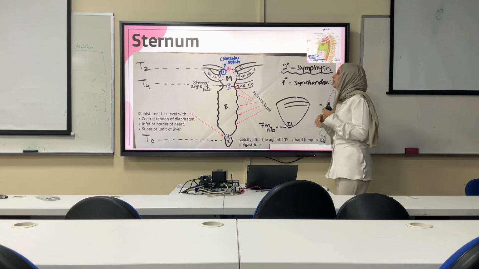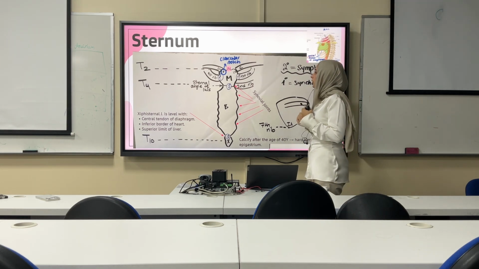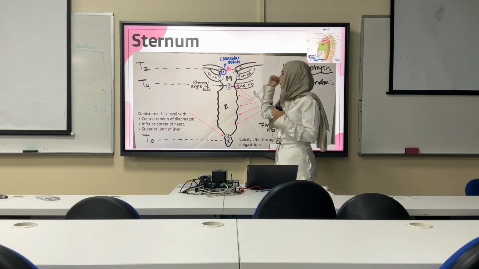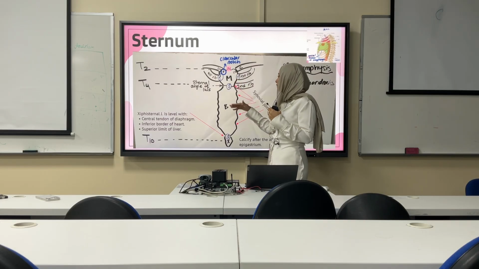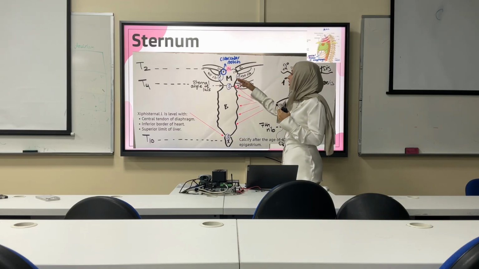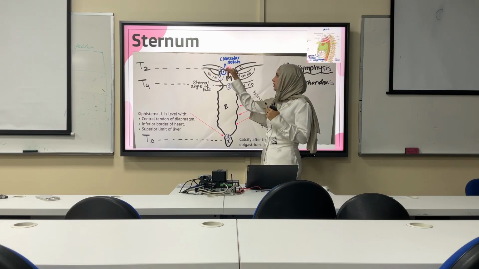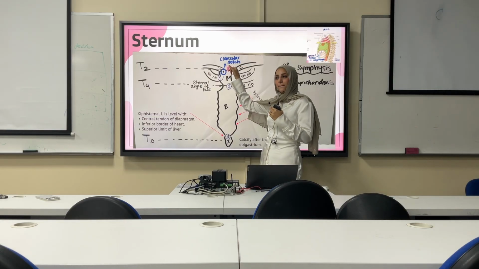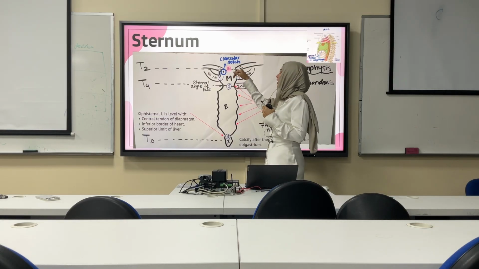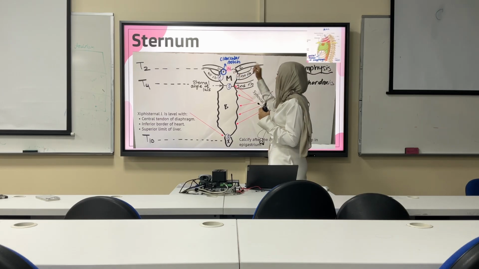Okay, now the sternum. As you can see, we have the manubrium, we have the body, we have the xiphoid process, and then here we have, what is this called? Jugular notch. And then here it connects with the clavicles.